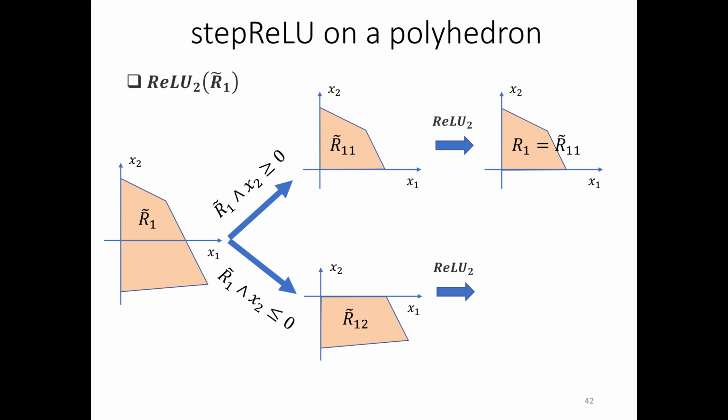What do you get? You just get x1, and x2 is going to be 0. That's what you get. Any questions? No question. Okay, so that is the first intermediate reachable set.